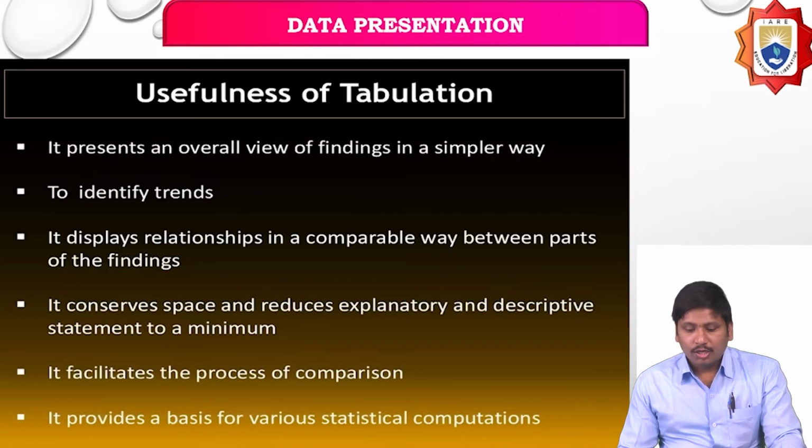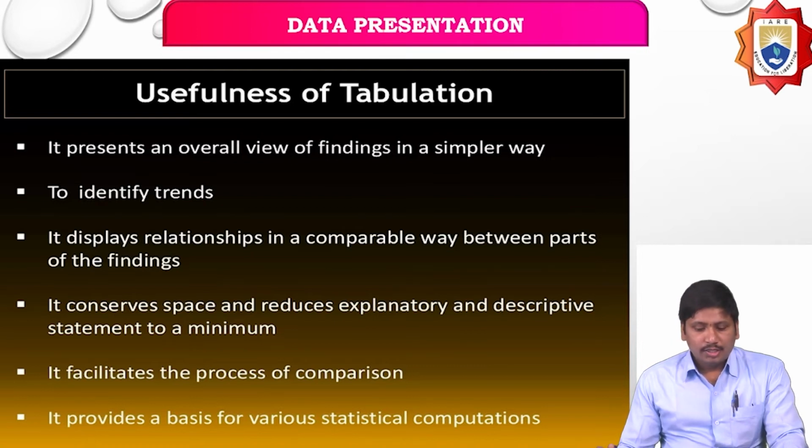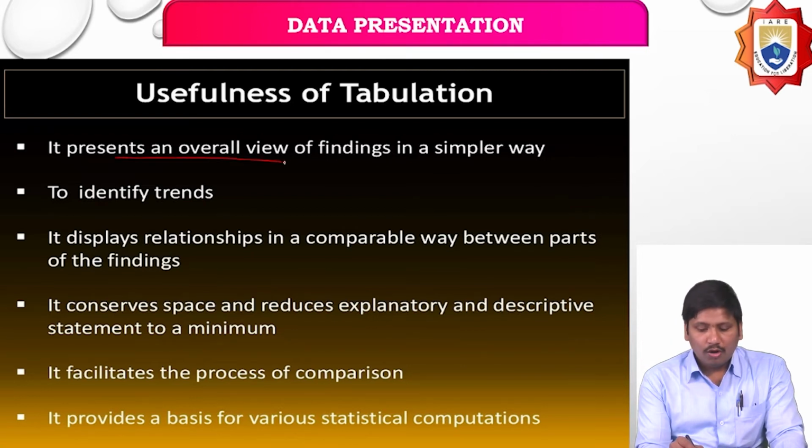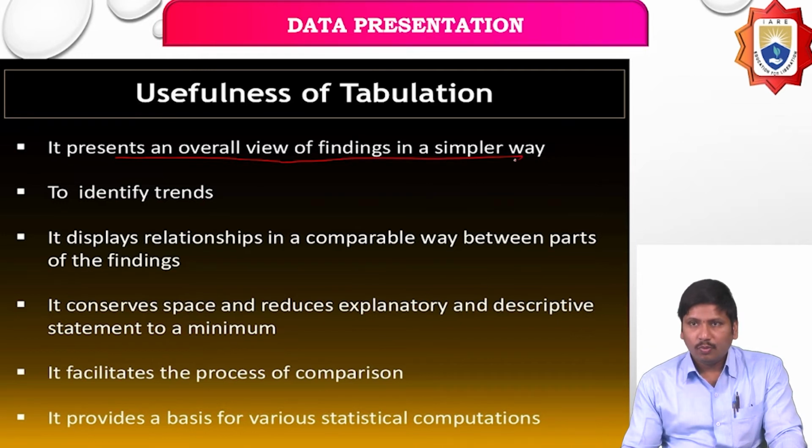And then what is the usefulness of this tabulation? It presents an overall view of findings in a simple way. The data we gather will not be in a preferred view, so we have to present it as simply as possible through the tabulation.